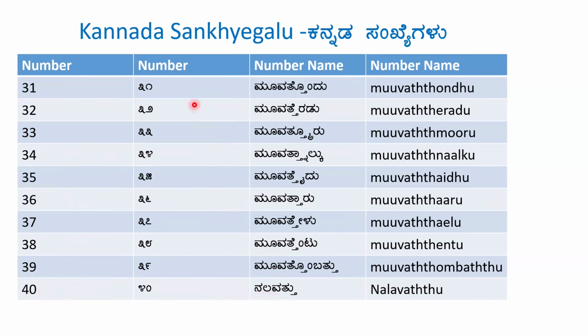Apply the same logic here. It will work even here. For example, 37. 37 is 30 plus 7. The badi e will go to the tu and it will become te. So, 37.